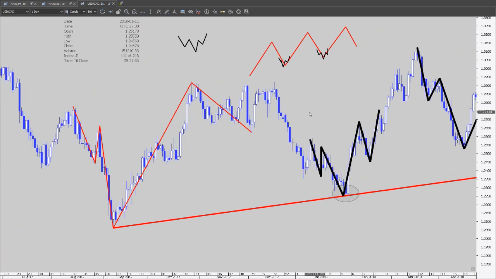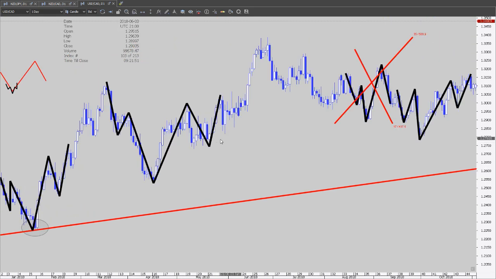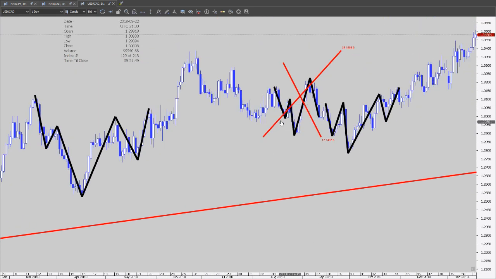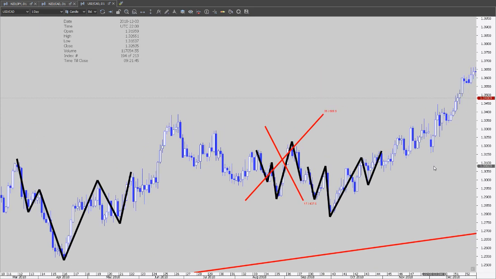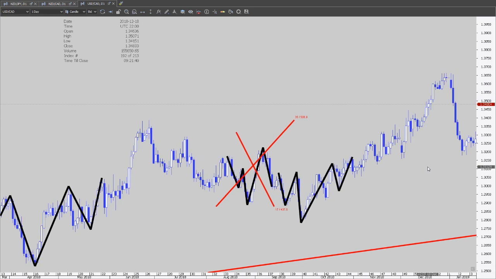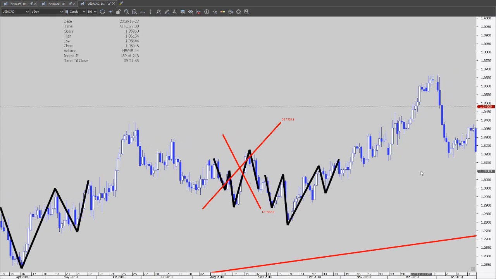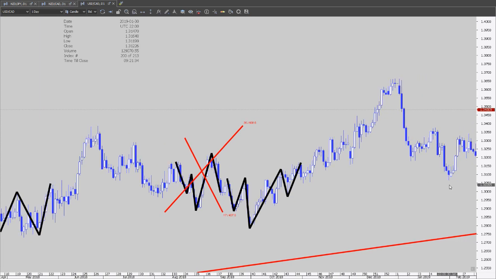So what did we find so far? 1, 2, 3, 4 didn't work. 5. Now we're in extension, right? Extension, retracement, retracement, retracement, retracement, retracement.